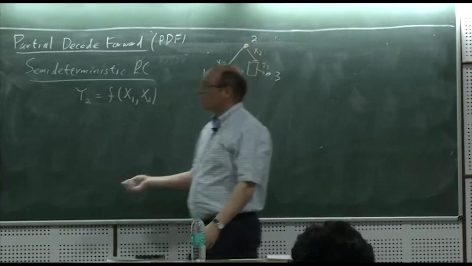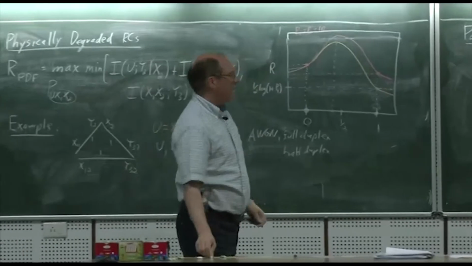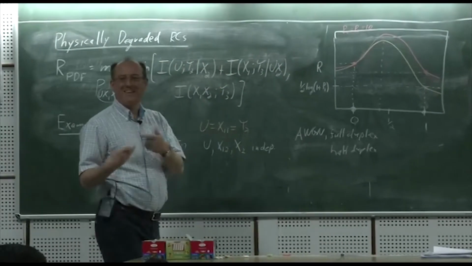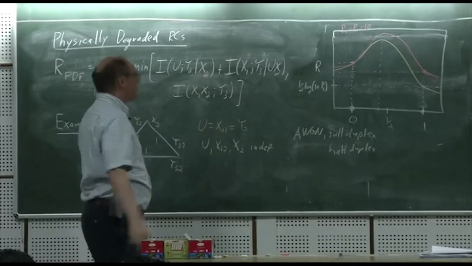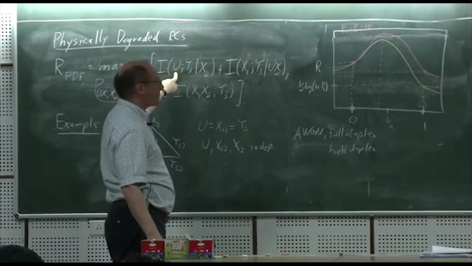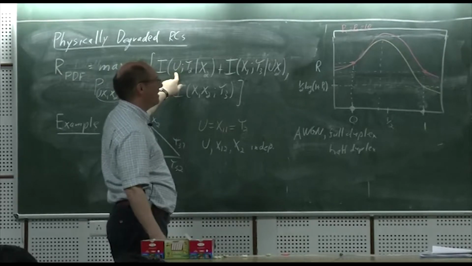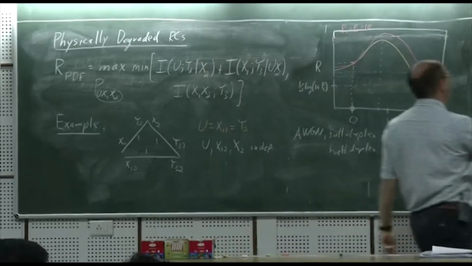So it turns out partial decode forward is optimal for such problems. And the way to prove it, which is natural, I think, you're sending part of the information to the other antenna, right? To do that, we'll choose U to be Y2.